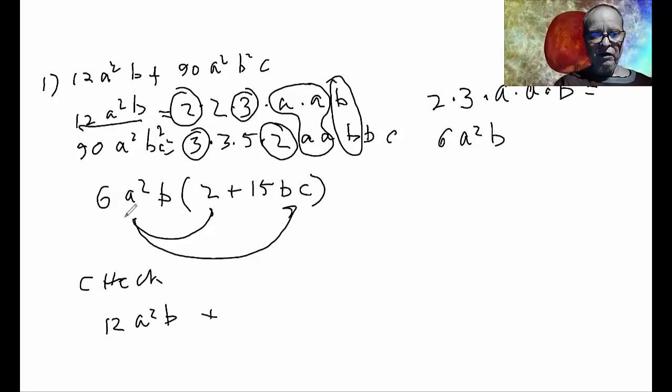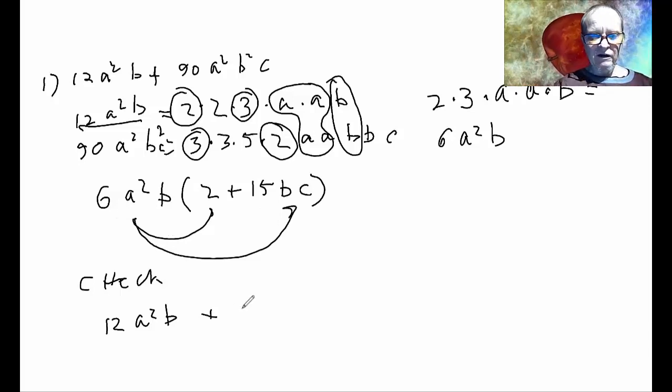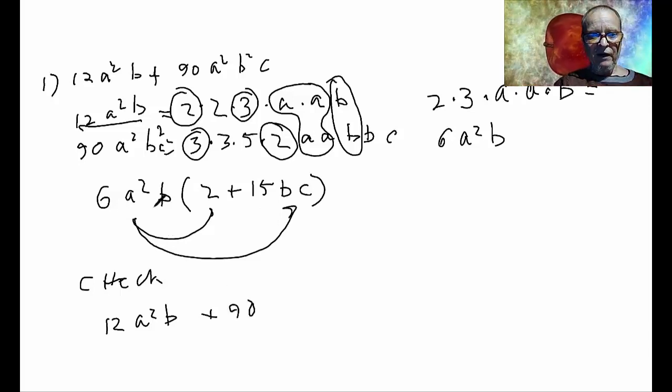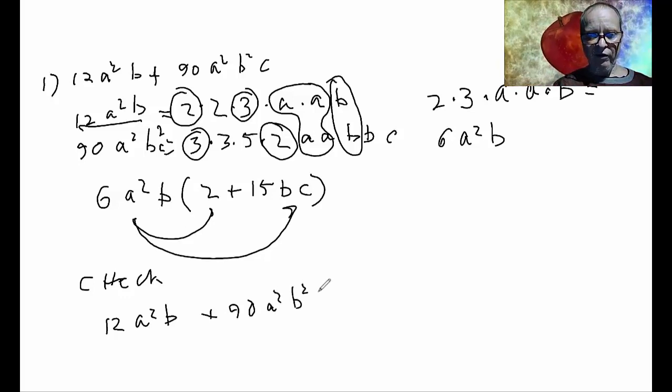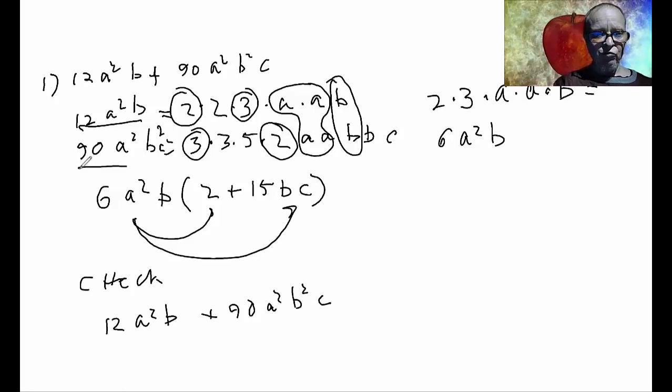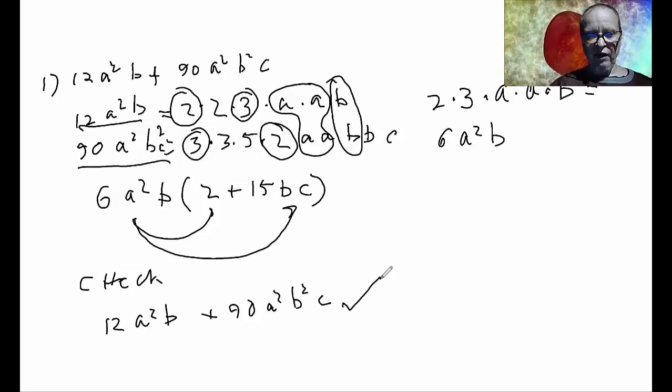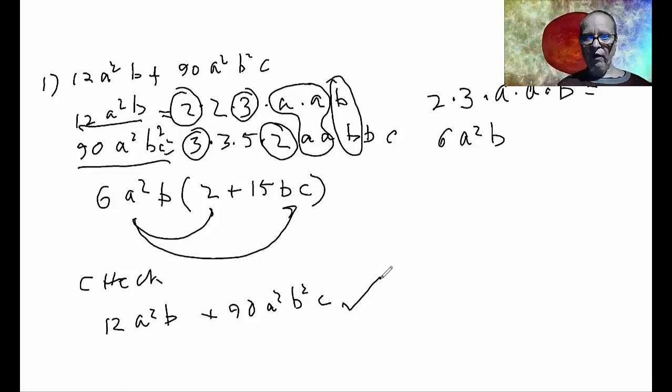And then plus, 6 times 15 gives us 90. And then we have a squared b squared c, which is what we have here. So that means the way we factored it is correct.